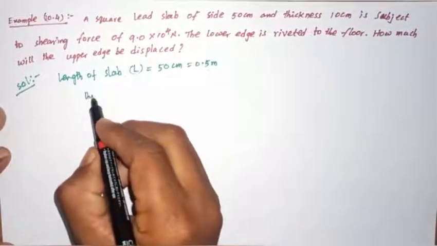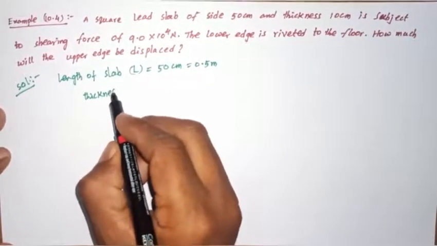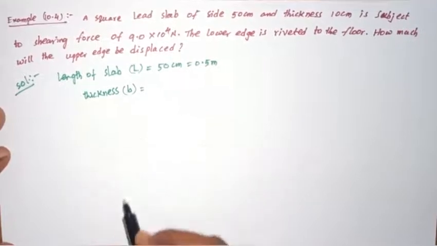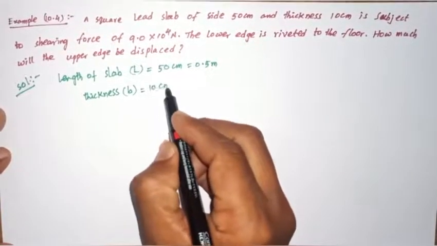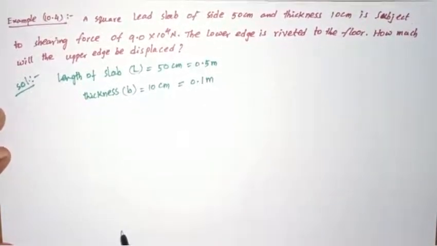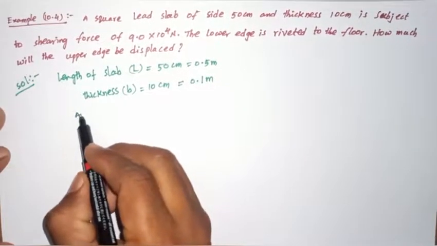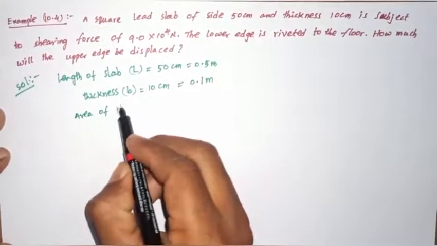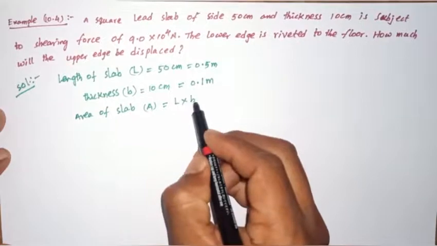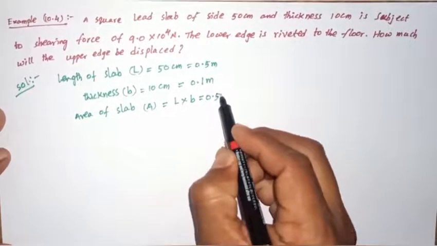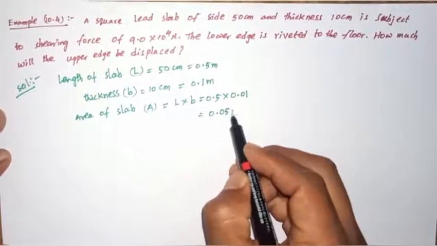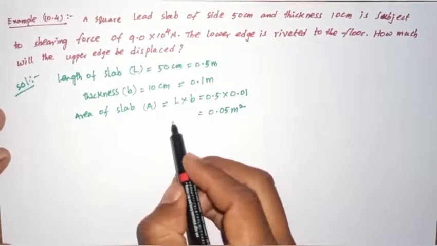Thickness, we can take B equals 10 centimeters, equals 0.1 meters. So area of slab A equals length into thickness, 0.5 into 0.1 equals 0.05 meter square. Okay, this is about the area.